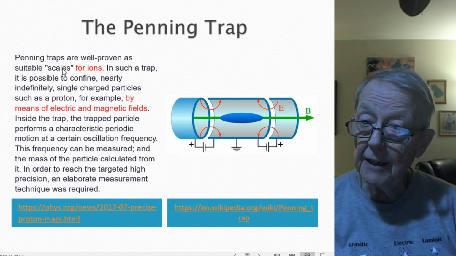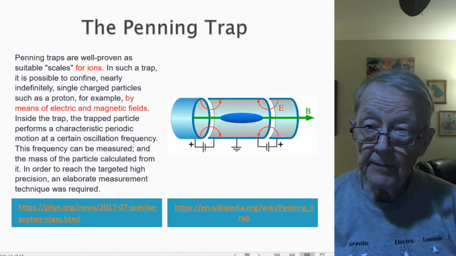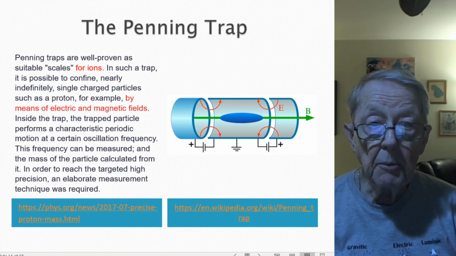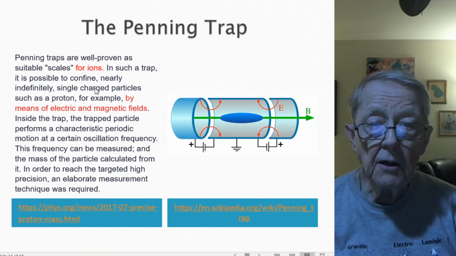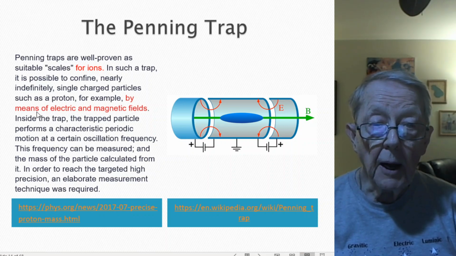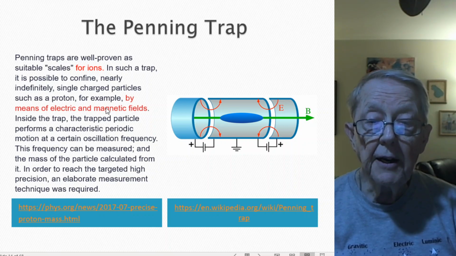This is a scale like a chemistry scale in a chem lab. It's a scale for ions. In such a trap, it is possible to confine nearly indefinitely single charged particles, such as a proton, by means of electric and magnetic fields.